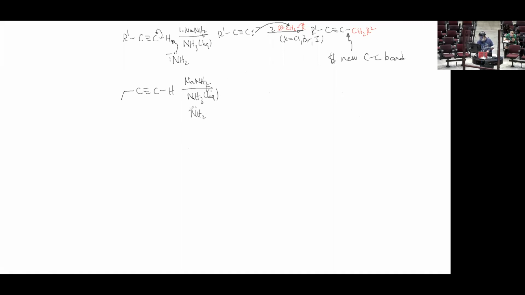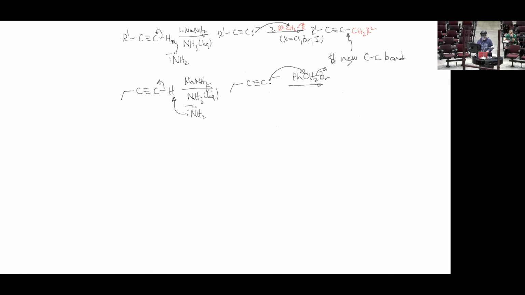That's going to get deprotonated, just as we said, by the NH2 minus ion. And yes, you will get a molecule of ammonia out of that. There's already plenty of ammonia around. And you'll get that acetylide ion. Now let's say that we treat it with benzyl bromide.